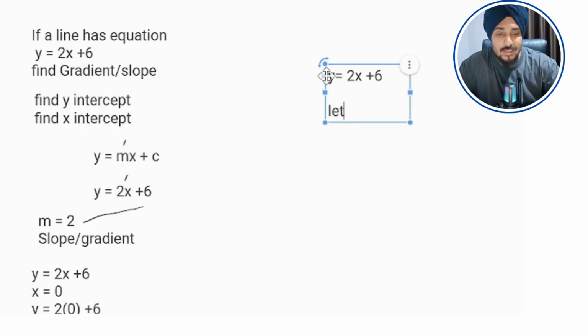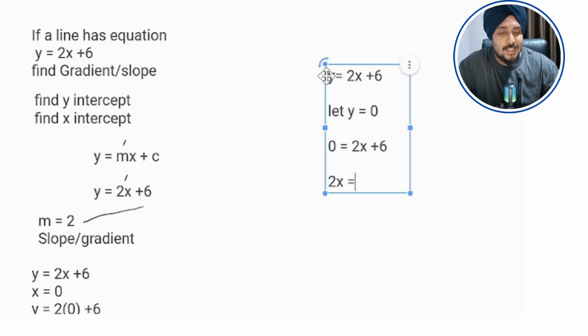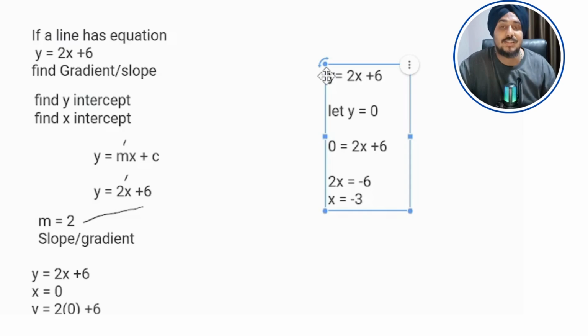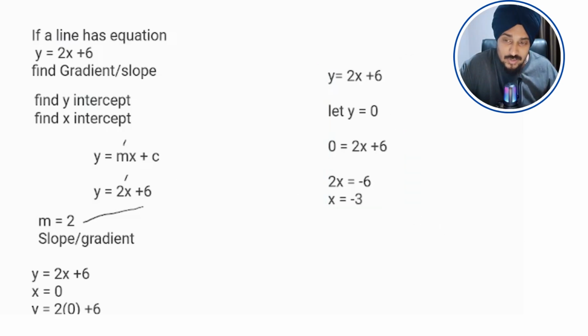So you can say let y be 0, or you can just write it down straight away: 0 is equal to 2x plus 6. The 6 will move to the other side. 2x is equal to negative 6. And x will be minus 6 divided by 2, which gives you minus 3. So that is the x-intercept.